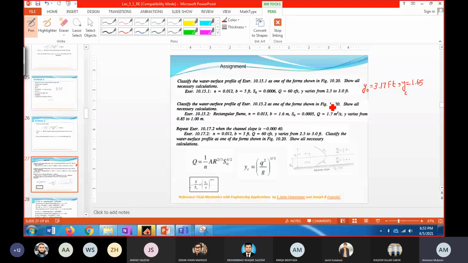Okay. So in this case, the depth of flow is from 2.5 to 3 feet. It means that it is M2. So depth varies between Y naught and Yc.